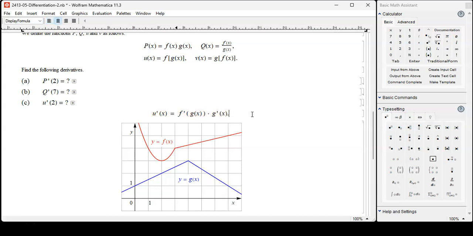Okay, alright. Now how about u prime of 2? So x equals 2, x equals 2, and then x equals 2. Okay, alright, let's copy and paste this, and let's do the algebra.